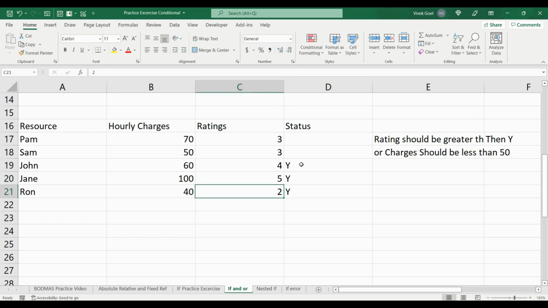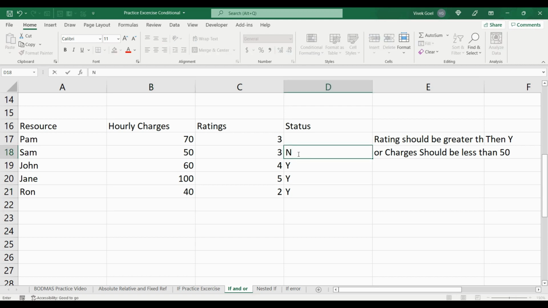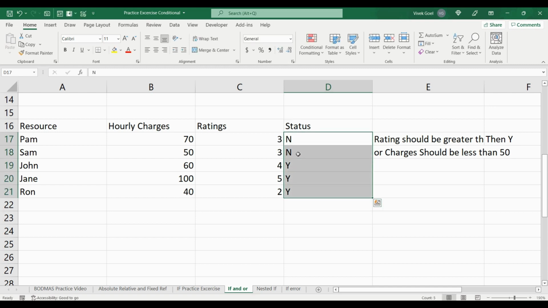For example, here John and Jane have ratings greater than 3, so they are eligible, and although Ron has a rating of 2, since his hourly charges are less than 50, he is also eligible. So we will display Y for these 3, and for the other 2 we will display N.